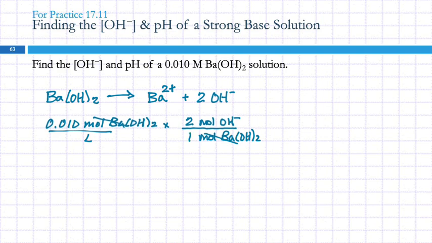And this is the type of trick question that I would give you on an exam. I can almost guarantee on the next exam there will be a question where you're asked to calculate something about a strong base, and it won't be something like sodium hydroxide. It'll be something like this where you have to remember to multiply by 2. So our concentration of hydroxide then is 0.020 moles per liter.